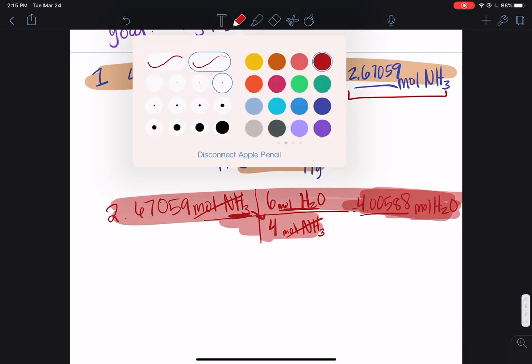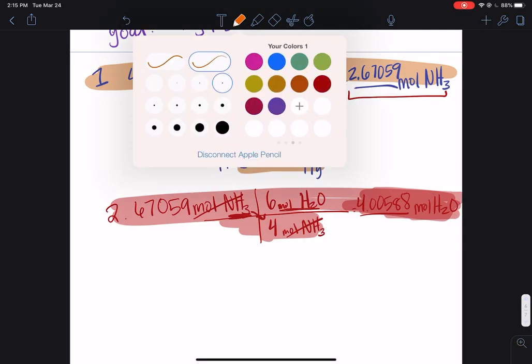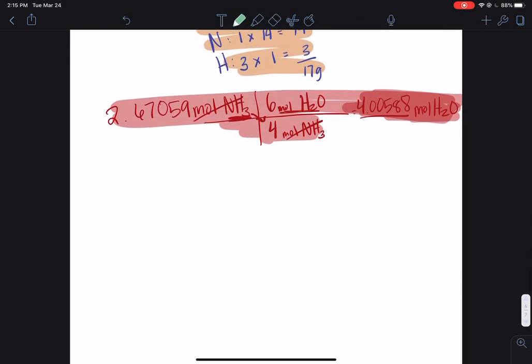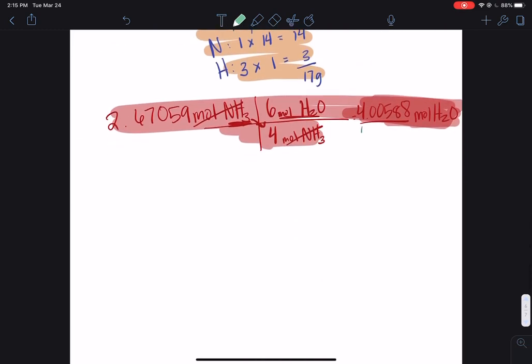So let's change colors so it'll be clear for you guys. Let me do green, why not? All right, so what we're doing is we are trying to do that last step, grams of water. So this is our new given, 4.00588 moles of water.